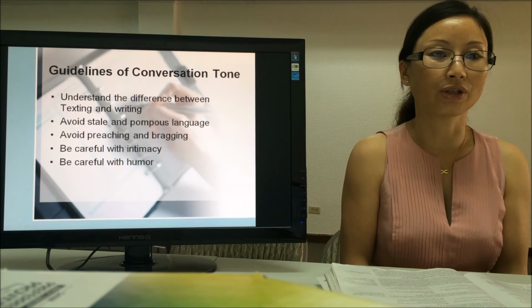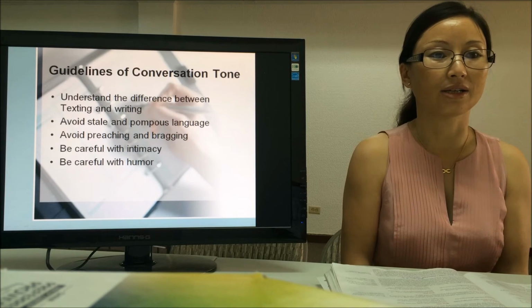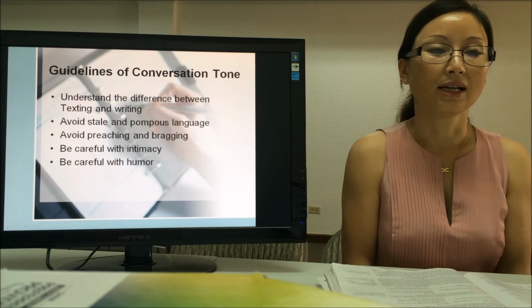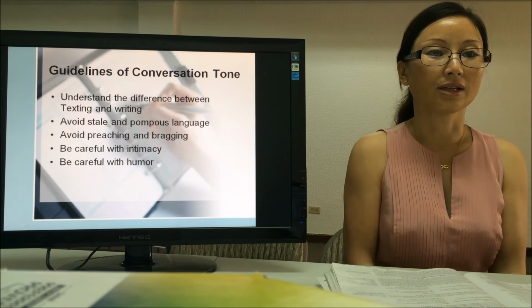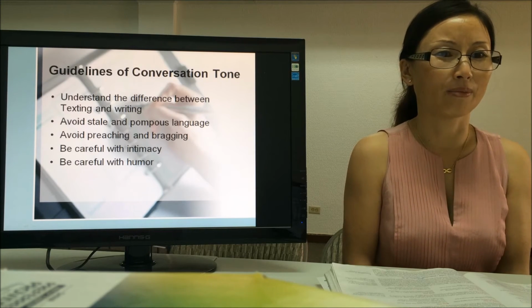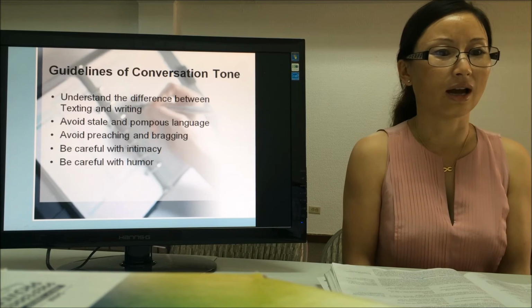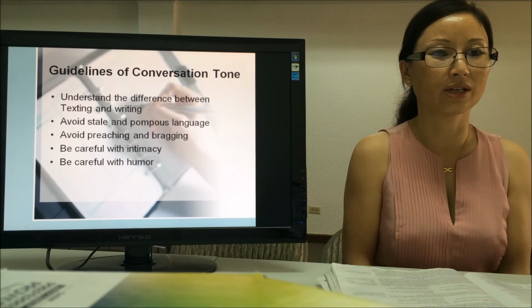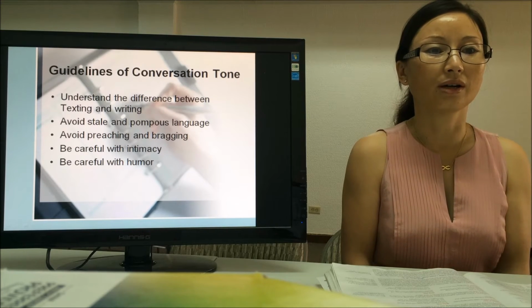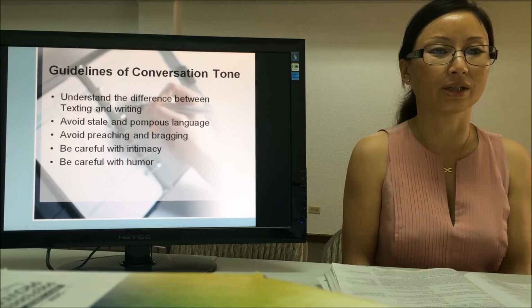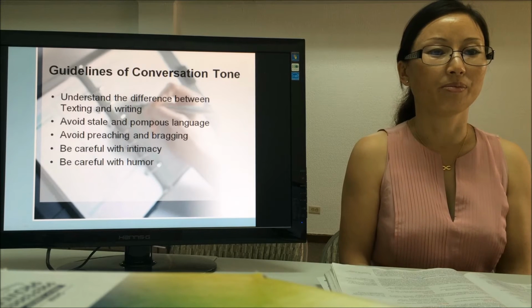Guidelines of conversational tone. Understand the difference between texting and writing. Avoid stale and pompous language. Avoid preaching and bragging. Be careful with intimacy.